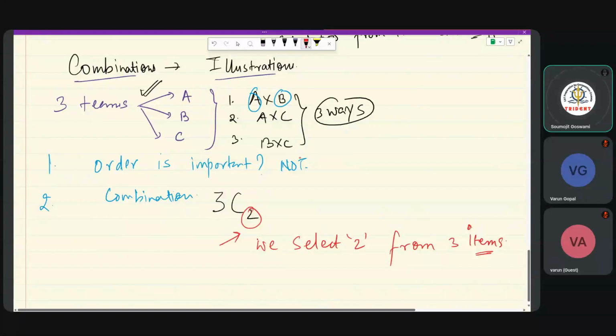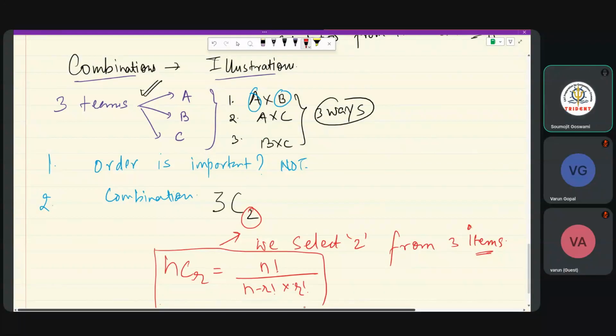And the formula for NCR is factorial n by factorial n minus r into factorial r. This is something that you need to remember. This is the notation of NCR, wherein you are selecting r things from n items.